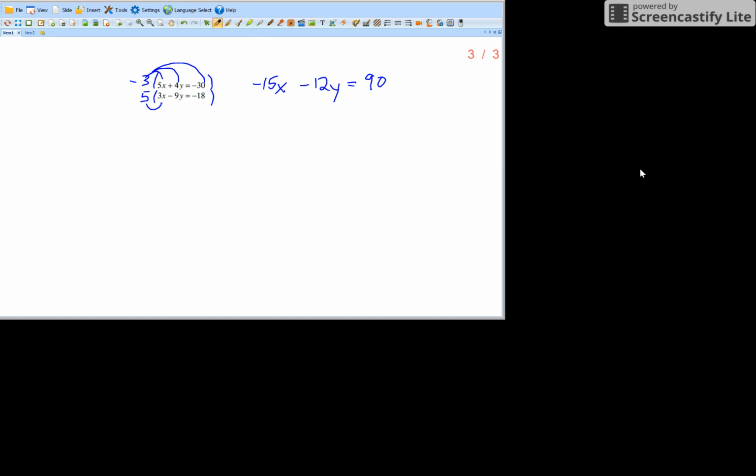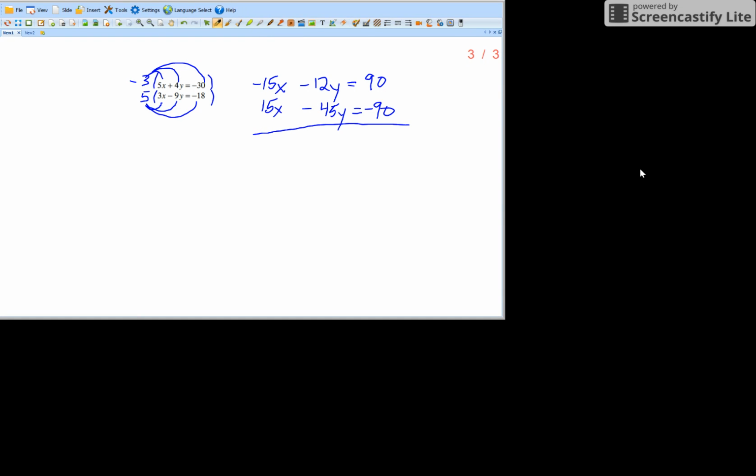We'll do the same thing for 5. Multiply the 5 by each individual term. 5 times 3x will be positive 15x. 5 times negative 9y will be negative 45y. And 5 times negative 18 will equal negative 90.